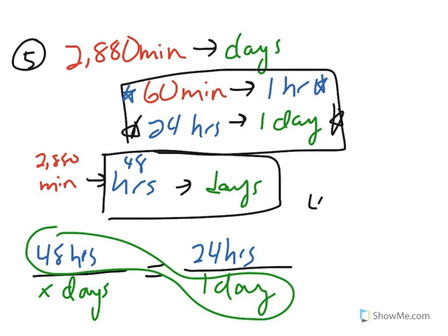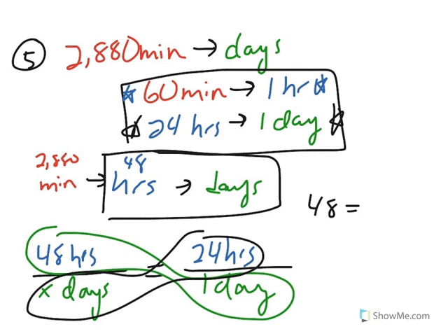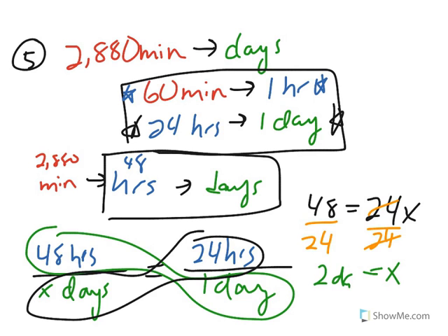And you get that 48 times 1 is 48 equals 24x. To solve for x, divide both sides by 24. You get that x equals 48 divided by 24 is 2 days. So what we finally did is the conversion that 2,880 minutes is equivalent to 2 days. We did that by converting first to hours and then finally to days.